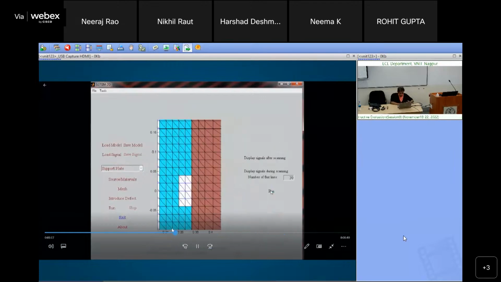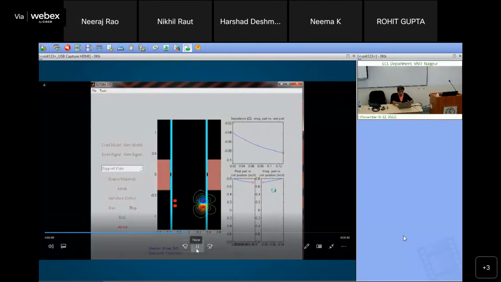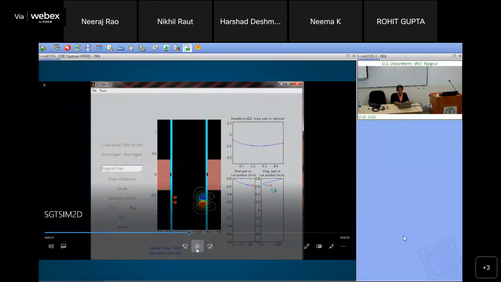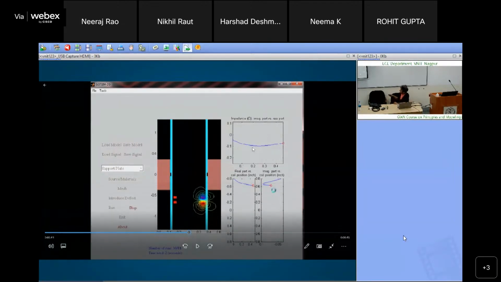When the coil is moving, you see three plots on the right-hand side. This is the real or resistive part of the coil impedance. This is the reactive part of the coil impedance as it varies with space.